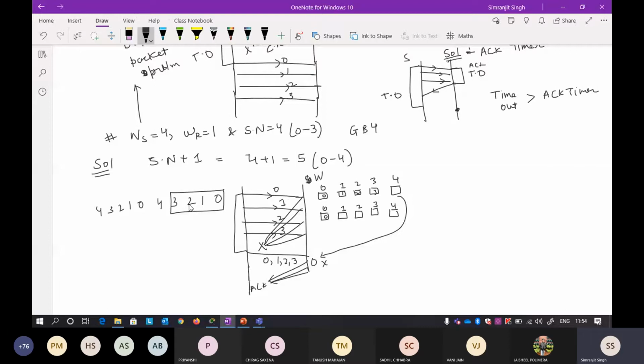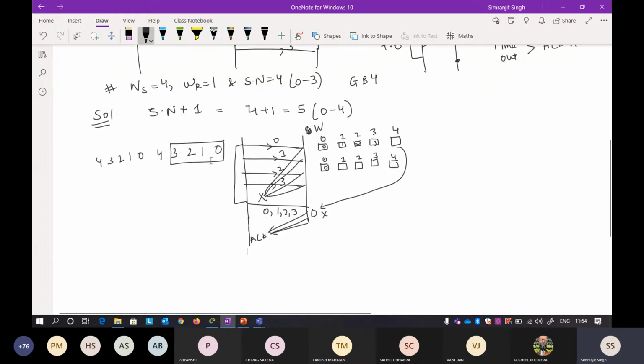Now from this solution there will be a formula that will be used throughout the sender window, in any flow control mechanism, any flow control algorithm you take. This sequence number formula will be used throughout. Your sender window size is 4 and your receiver window size is 1.